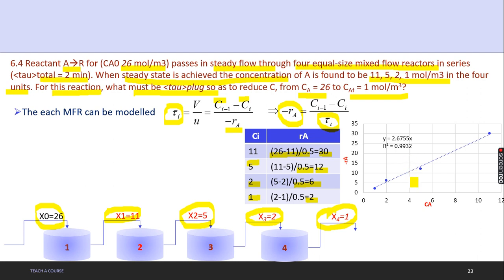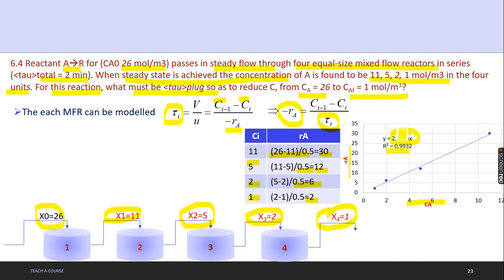We plot the concentration Ca against the RA we calculated, and we see that the 4 points give a fairly good straight line. The R square value is 0.99, in fact very good. And y equals mx, where the slope m is 2.6755, that is RA equals K into Ca. So from this regression we can find the value of K. Of course, on graph paper you need to calculate the slope yourself, but here it is pretty easy.